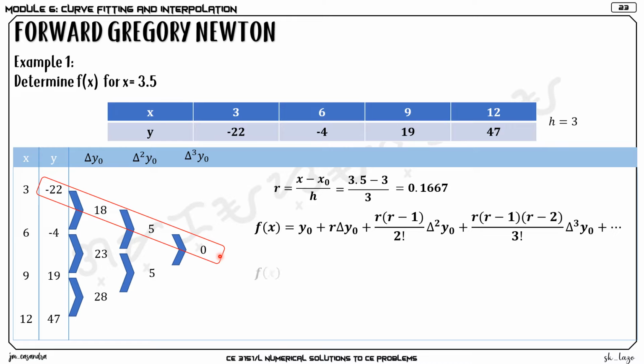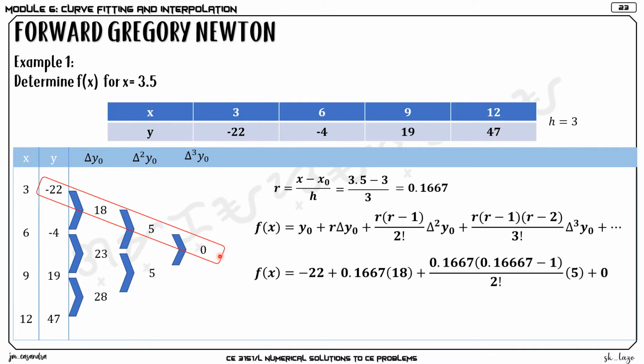So f of x is equal to negative 22 plus 0.1667 times 18 plus 0.1667 times 0.1667 minus 1 all over 2 factorial times delta squared y sub o, which is equal to 5.